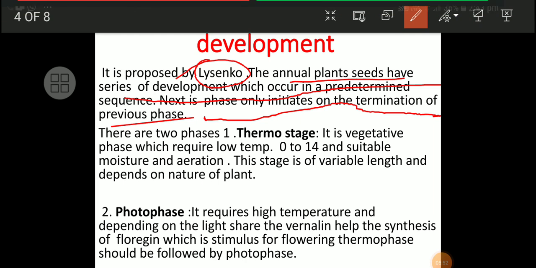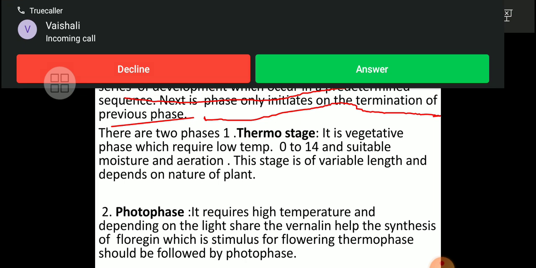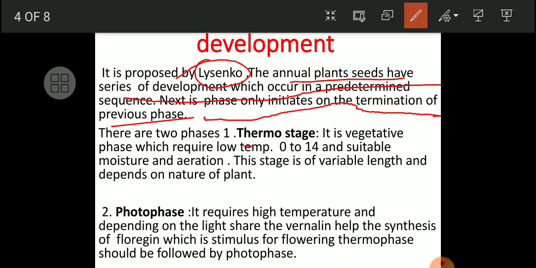There are two phases: thermophase and photophase. In the thermophase, the vegetative phase requires a low temperature of 0 to 14 degrees centigrade and suitable moisture and aeration conditions. This stage is of variable length and depends upon the nature of the plant.